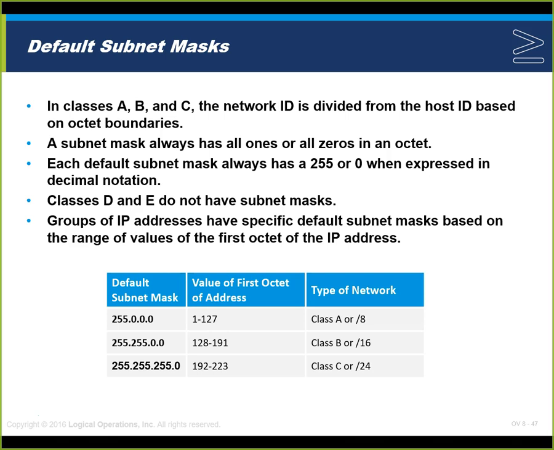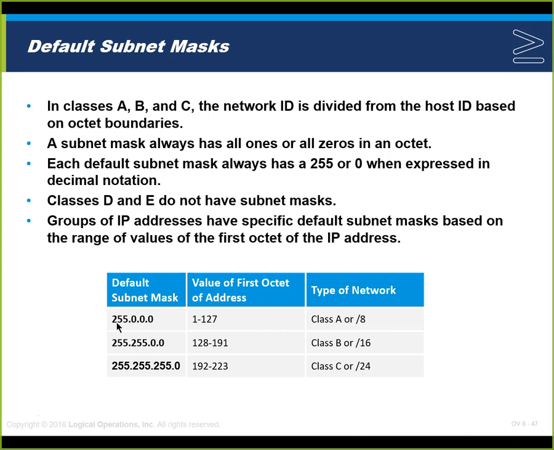So the classes are going to be A, B, and C. The network is divided from the host on the octet boundaries, and the subnet mask will always have all 1s or all zeros in the octet for classful network addresses. The default subnet mask is 255s or zeros. Class D and E, which exist but we don't use them, don't have subnet masks. We can only use A, B, and C.